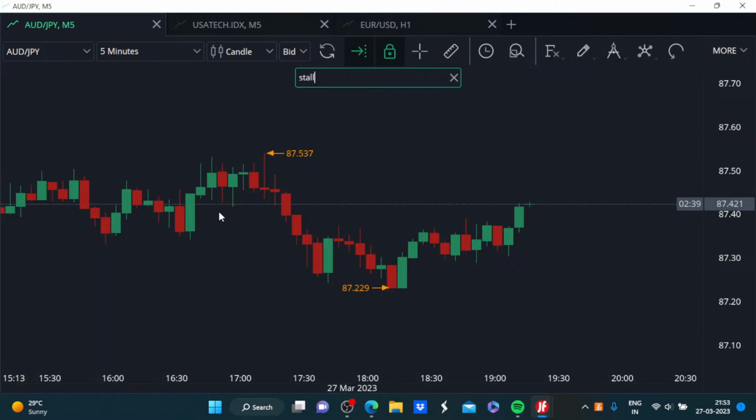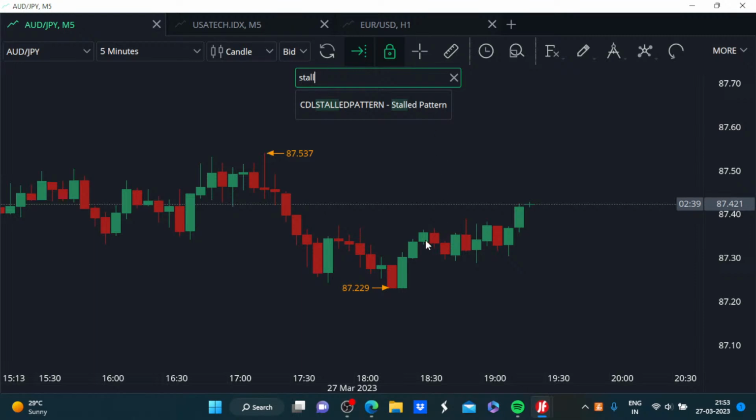To give you an idea, this kind of formation has growth for three consecutive candles, but that growth should be slowing down. So in each subsequent candle, the candle body, the difference between the opening and the closing price, keeps reducing.